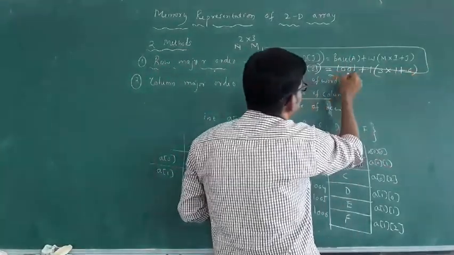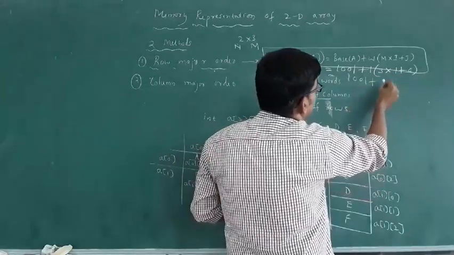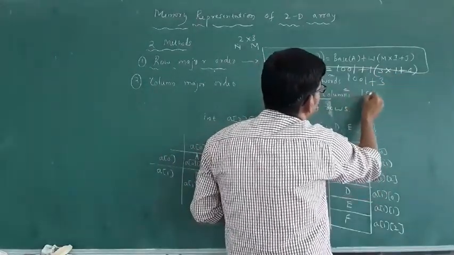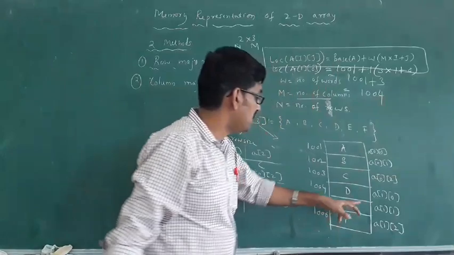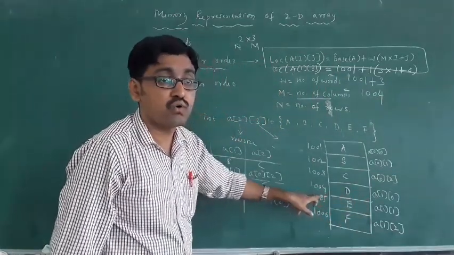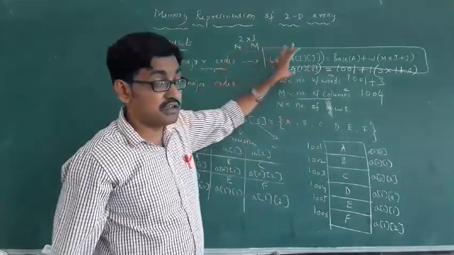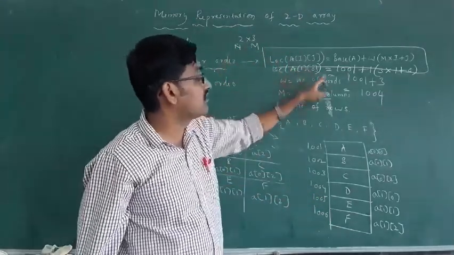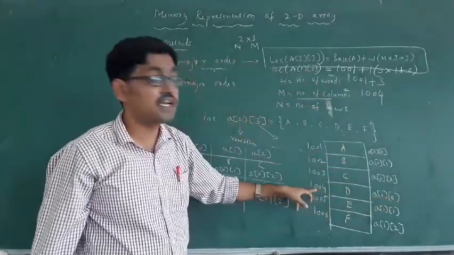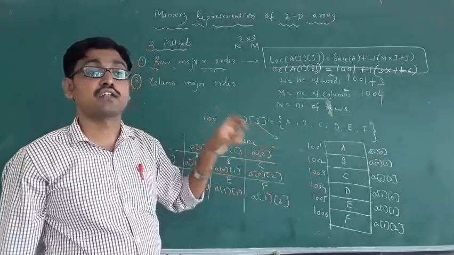Then you are getting the answer 1001 plus 3, equal to 1004. You are getting 1004. This is the address. This is how to find the addresses.